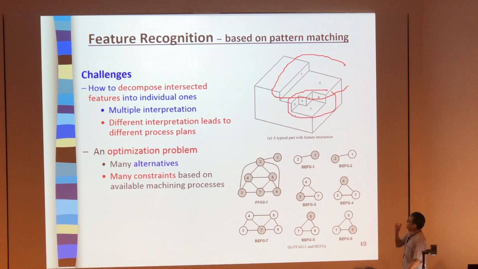In this case, physically, you can't possibly remove the bottom intersecting feature without machining the top one first. You have to remove that piece of material first. So in machining, there are always this kind of constraints. You have to identify this kind of constraint first, and you apply it.